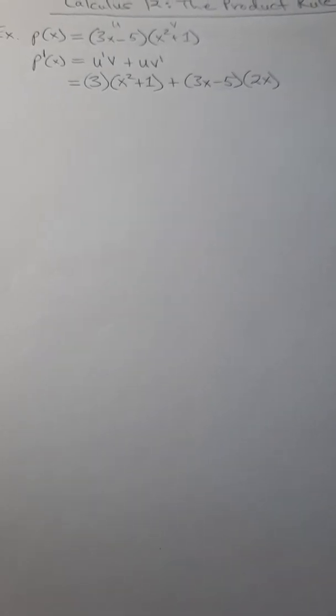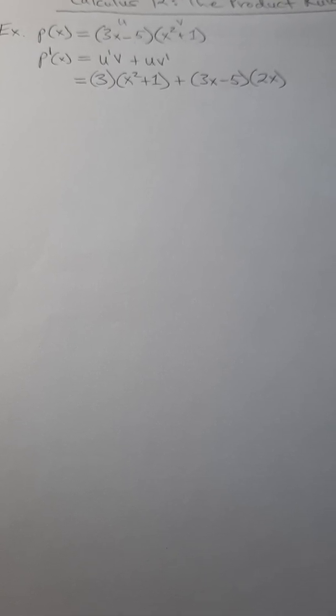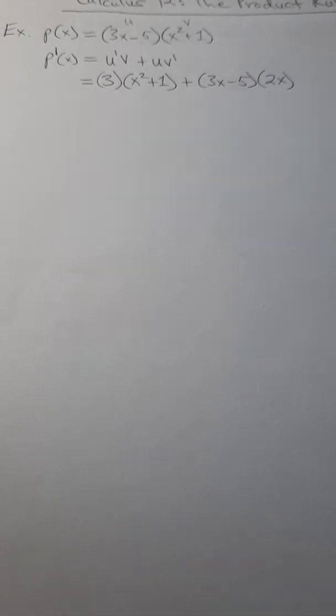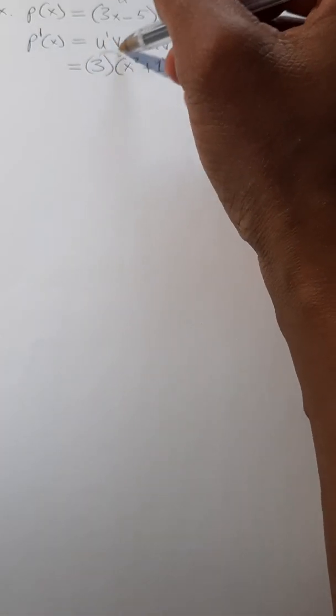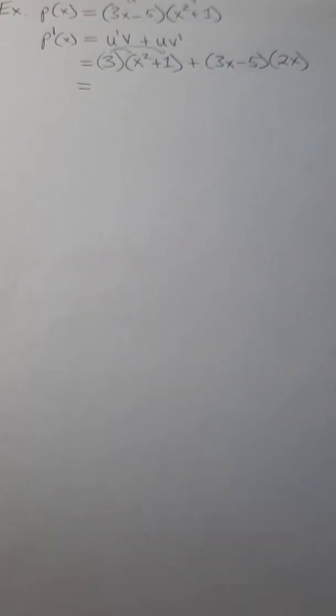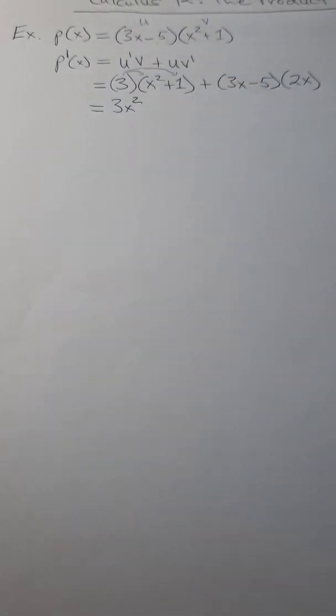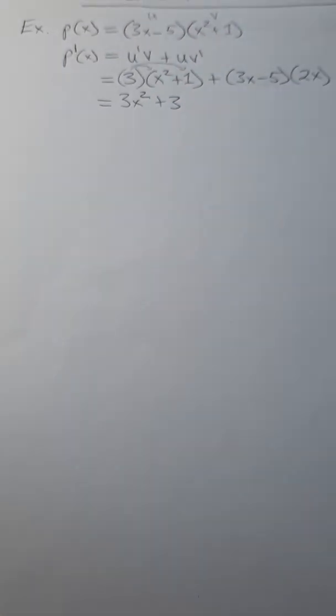Okay, is everyone good so far? We're just substituting it into this formula here. And now we can expand out the brackets and put the like terms together. So we are doing 3 times x squared, so 3x squared, and then 3 times 1, so plus 3.